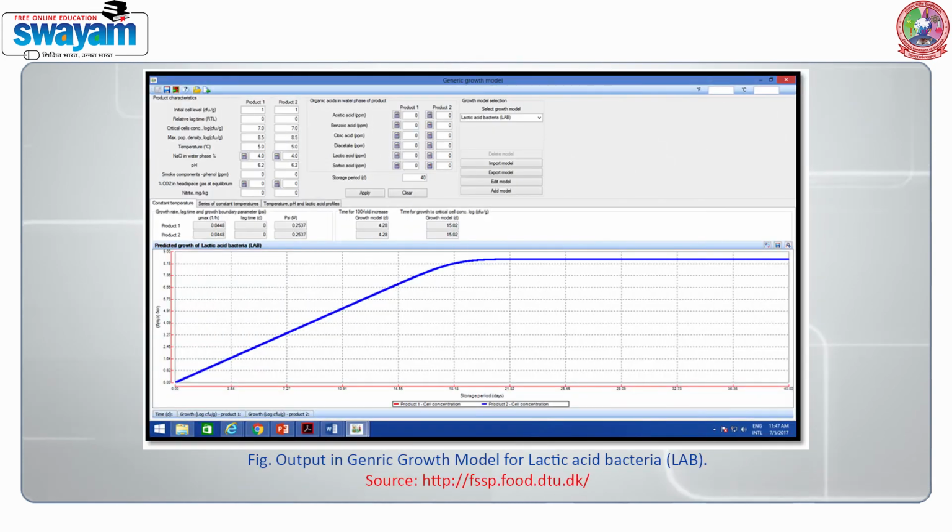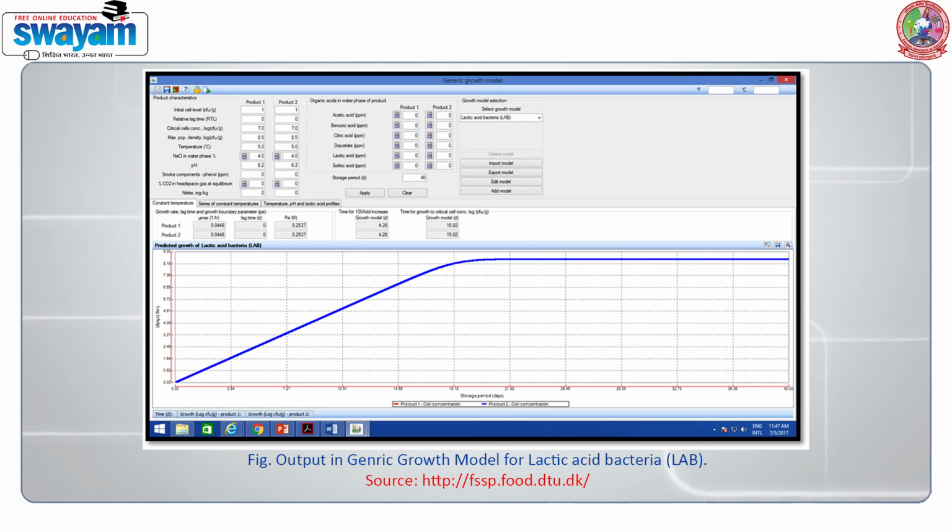When we are talking about the growth models, these models not only predict the growth of pathogens, we can make use of these models for the growth of useful microorganisms such as lactic acid bacteria. We can also predict how a microorganism is going to grow over a period of time, and if you see in this graph, you will see a plateau which has come after the growth.